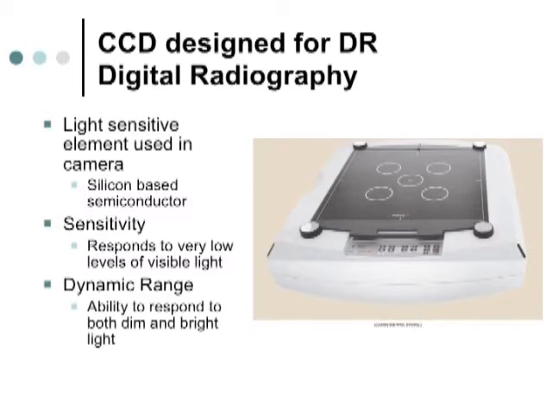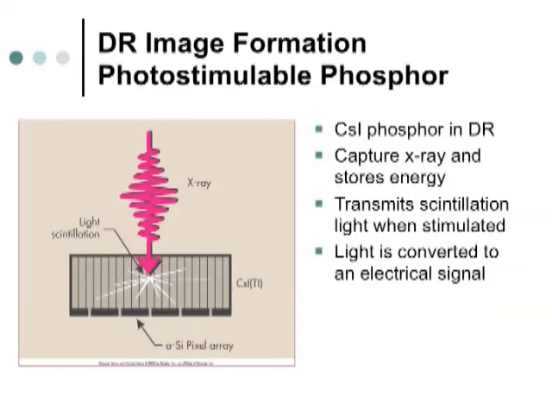Okay? So we've got a silicone-based semiconductor that's located underneath. That converts the light to electrons, and then the electrons are transferred to the computer, which produces the image for you. Okay, it also has a large dynamic range. So DR, when we're forming the image, this is your photostimulable phosphor made out of cesium iodide, kind of like in your image intensifying tubes. That's your input phosphor.